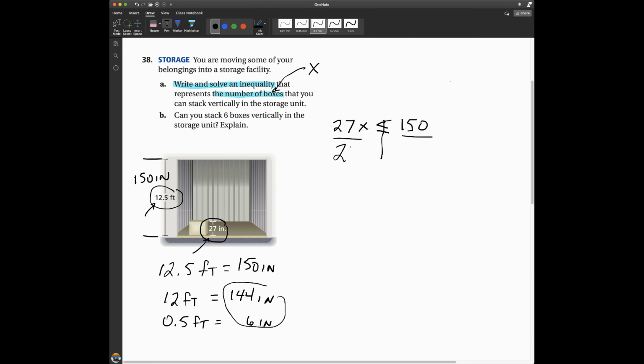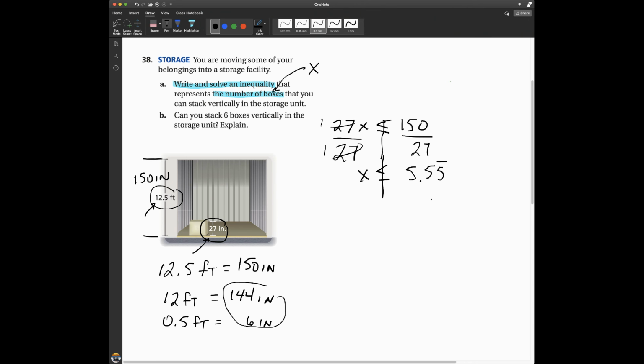I need to divide by 27. That's a positive number. That's important because that tells me that I'm not going to change the direction of the inequality symbol. So X, which is the number of boxes, has to be less than, and you go in your calculator, 150 divided by 27. And I get this repeating decimal, 5.55, and the 5's repeat.